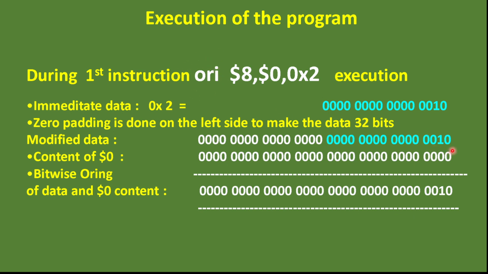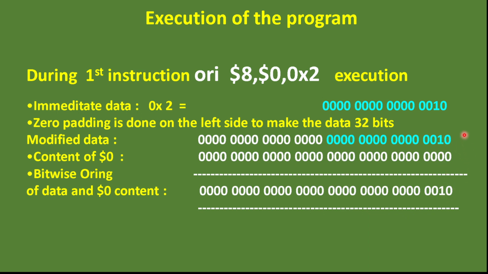Okay. So how will it be performed? This 0 and this 0 will be ORed. The result is 0. This 1 and this 0 will be ORed, so you get the result as 1. And then the 0, 0, 0, 0, 0, 0. We know how the OR operation performs, right? 0, 0 means you will get a 0. 1, 0 means you will get a 1.